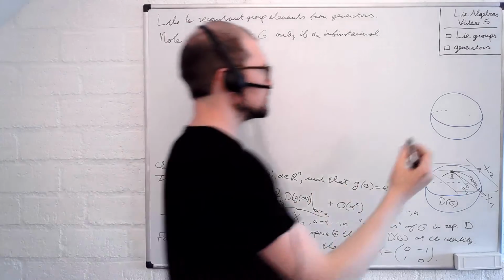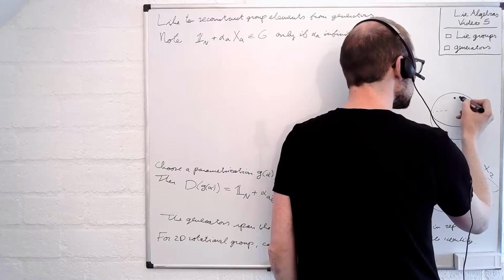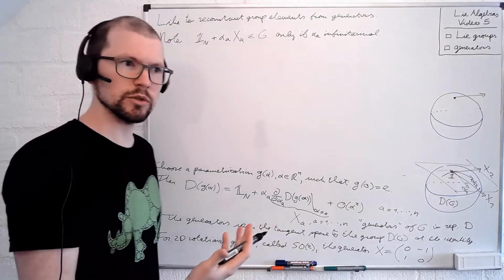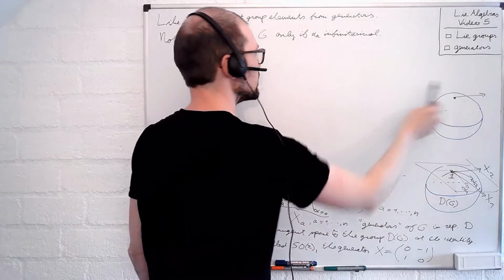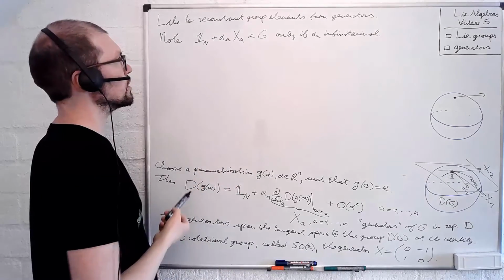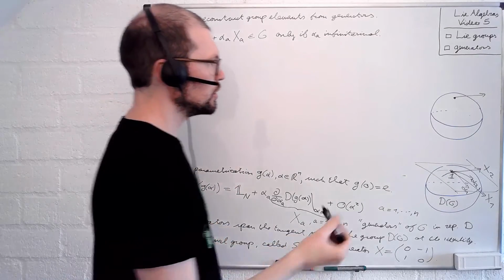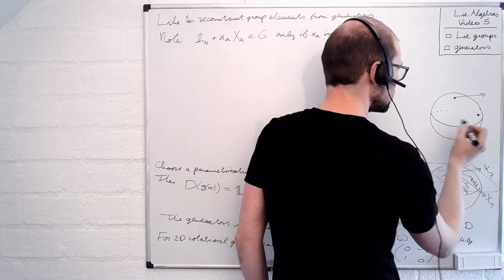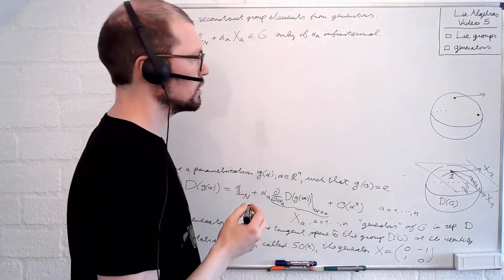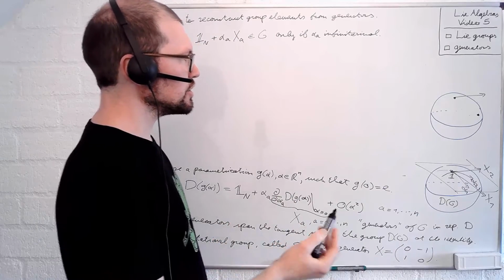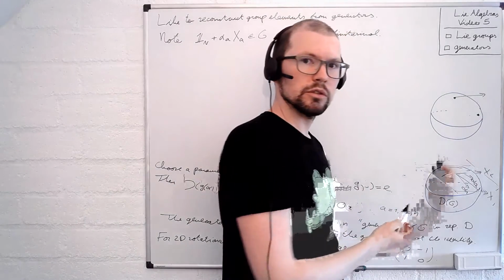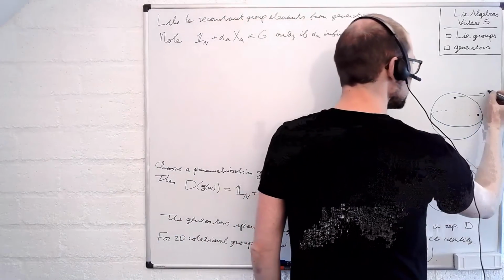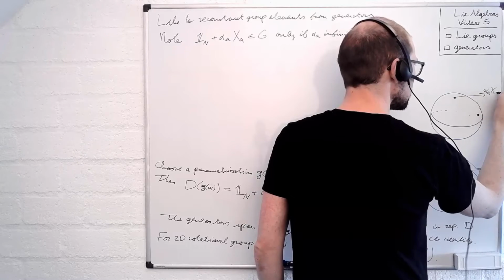So what can we do to start with some finite, non-infinitesimal tangent vector, a finite linear combination of the generators, to build some actual group element in the group? A natural thing to do is to decompose your generator into many small generators. This is my generator alpha A XA.